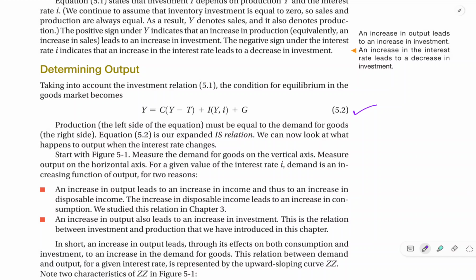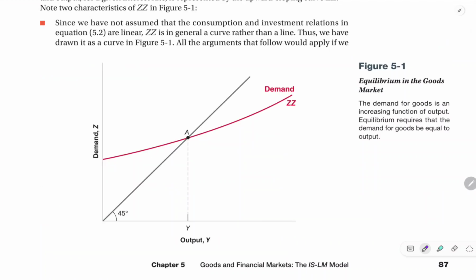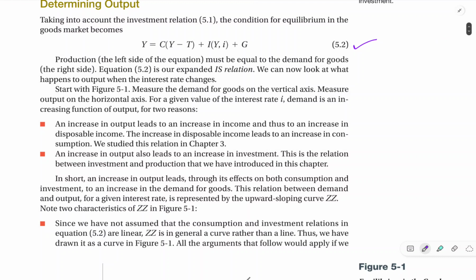We can now look at what happens to output when the interest rate changes. Start with figure 5.1. Measure the demand for goods on the vertical axis. This one is the figure. Measure output on the horizontal axis.